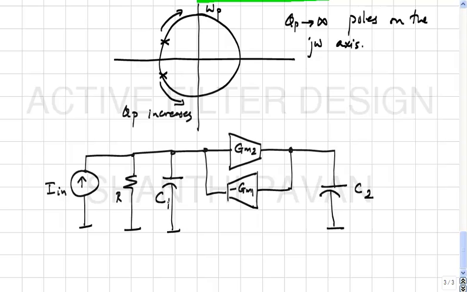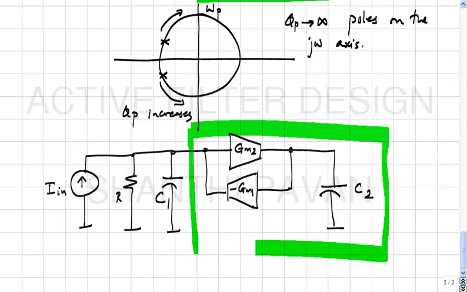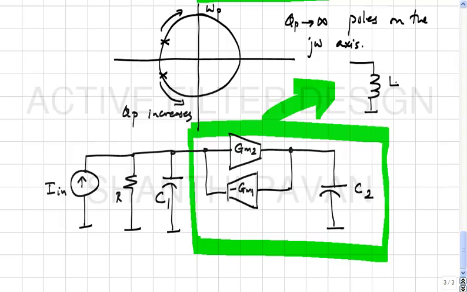All that I have done is replace the inductor with GM2 minus GM1 and C2. Is this clear? Okay.